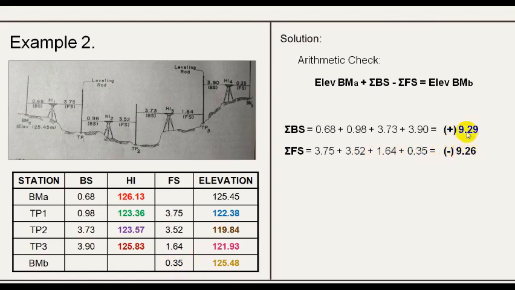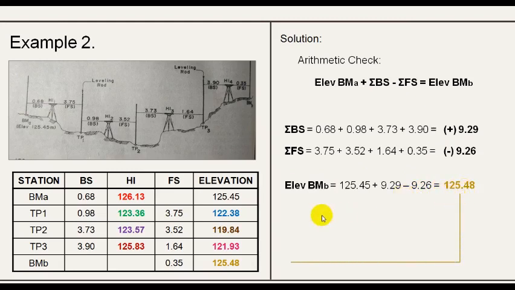And now we substitute these computed values, as well as the elevation of BMA, into the formula. So the elevation of BMB is equal to 125.45 plus the summation of backsight, 9.29, minus the summation of foresight, 9.26, equals 125.48.